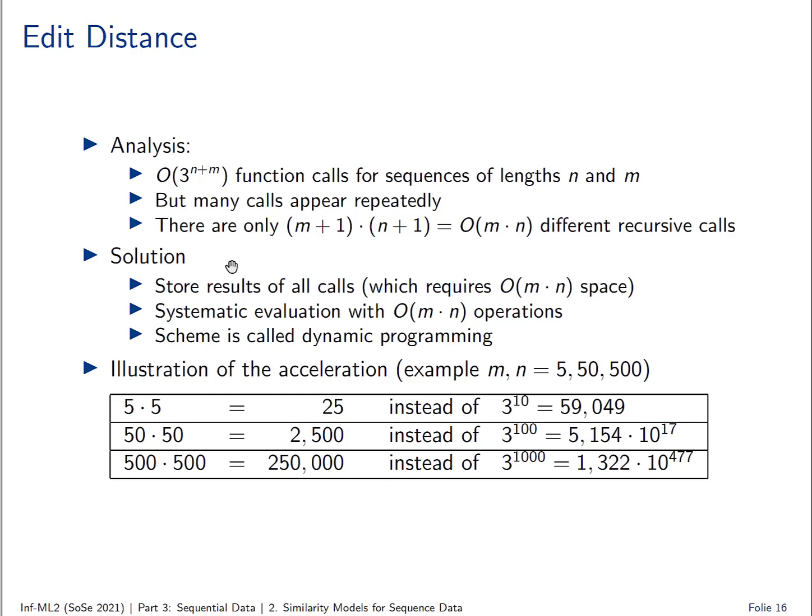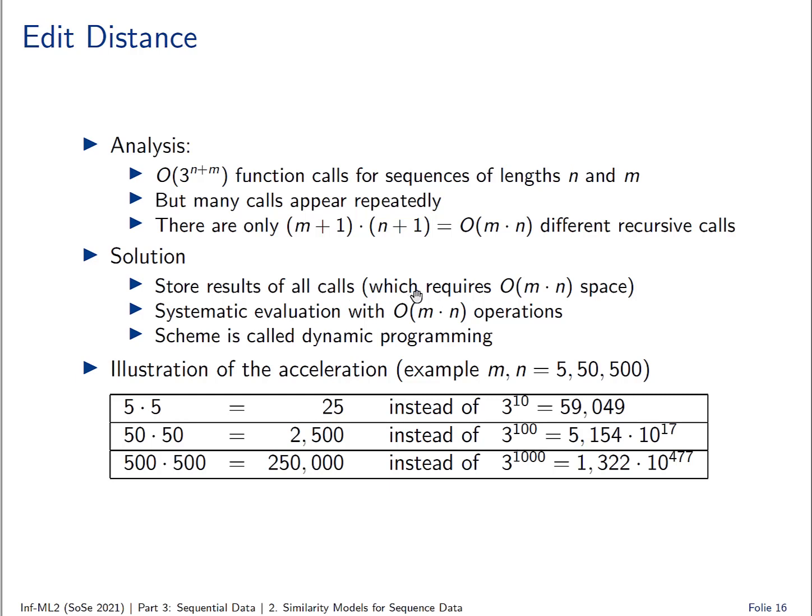So the solution to getting down from O of 3 to the power of n plus m to O of m times n, which is obviously much less, still a lot, but much less than this one here, is to store the results of the calls that we already computed. Because we need some of those calls repeatedly, we just store the results and don't compute them always on the fly, so to say.